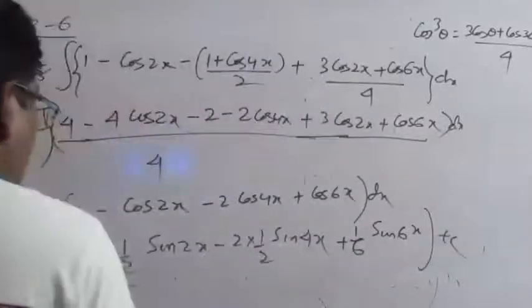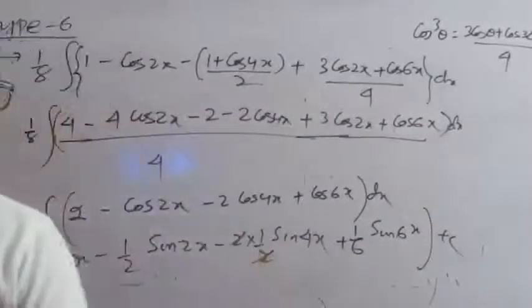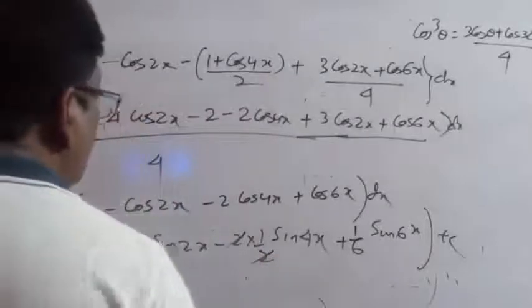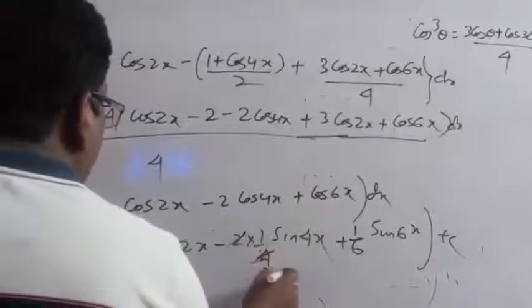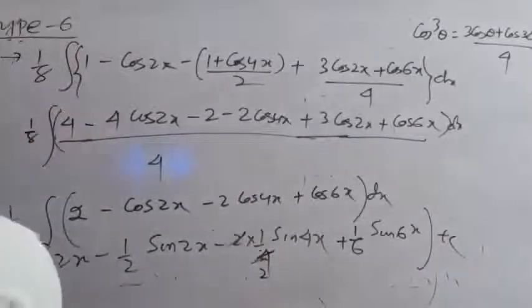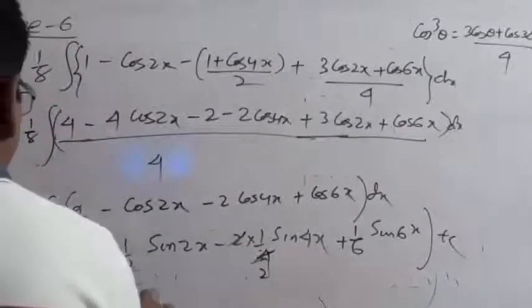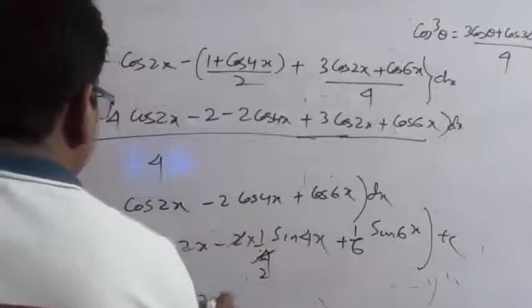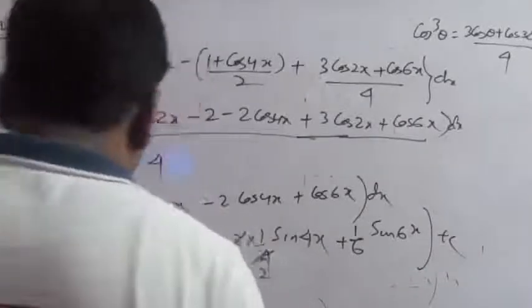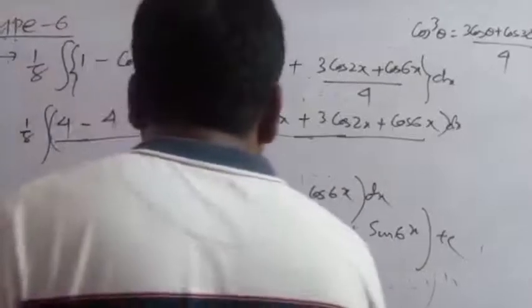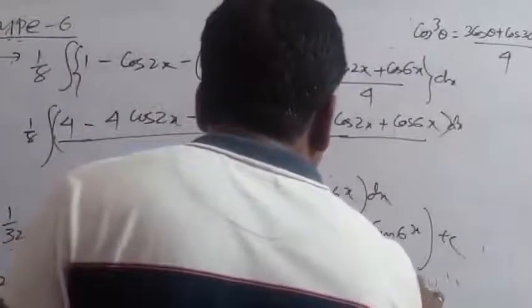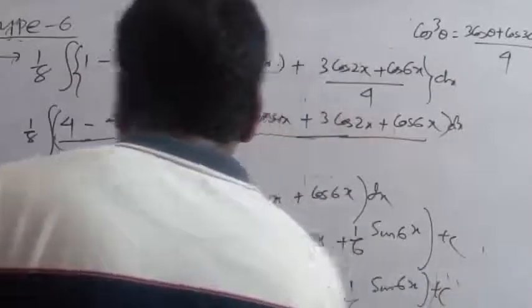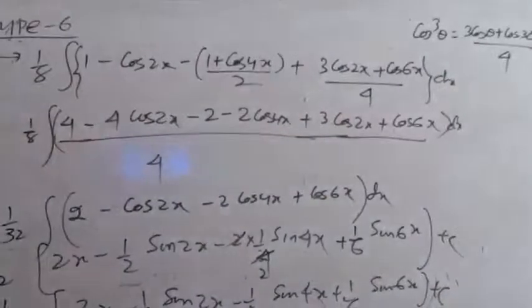So 2 here cancels. So this is 1 by 4. So 1 by 32 [2x minus 1 by 2 sin 2x minus 1 by 2 sin 4x plus 1 by 6 sin 6x] plus c. This is type 6, case number 3.